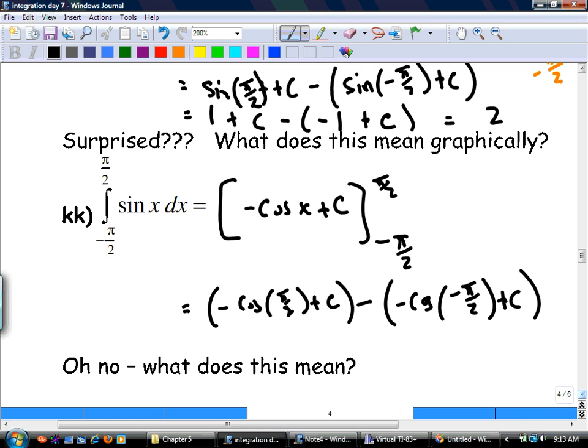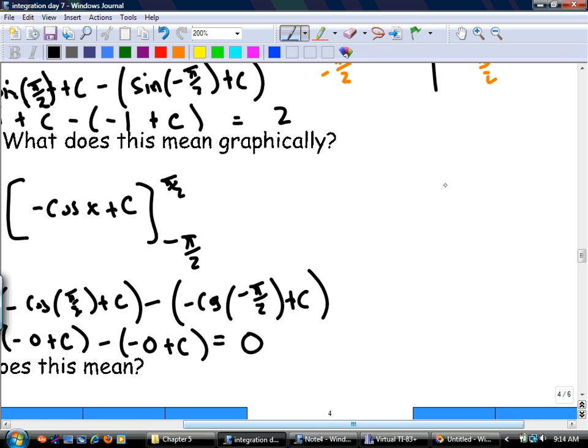Cos of pi over 2 is 0, so you get negative 0 plus c minus negative 0 plus c. What does this mean?